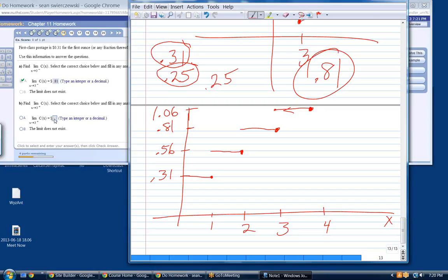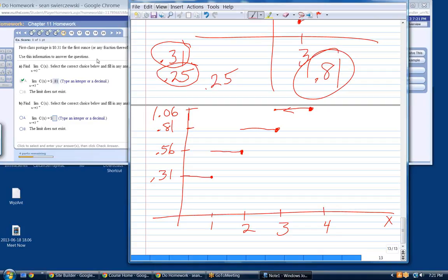I'm kind of confused how you got 56. Okay. The charge is 31 cents for the first ounce. Oh, hold on. I got it. 25 cents for each additional ounce. So this step function, which is exactly what it is, it's actually a pretty good application of where a step function is used in real life. Well, with postage or with the age of people in grade school.